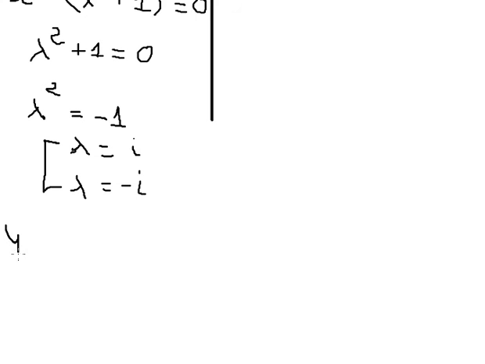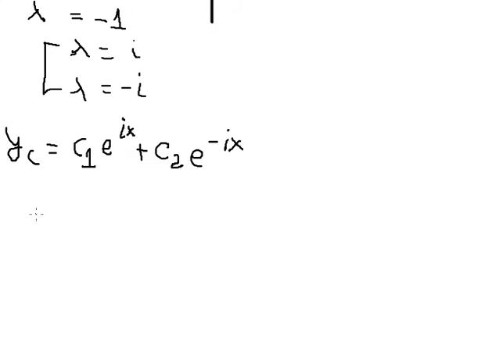So we have yc equal to c1 e to the power of lambda s, now we have is, because we change lambda into this one in here. Similarly for the next one, we have c2, the constant number 2, e to the power of negative is. Now if we simplify, you can get it like this: c1 sine s plus c2 cosine s.